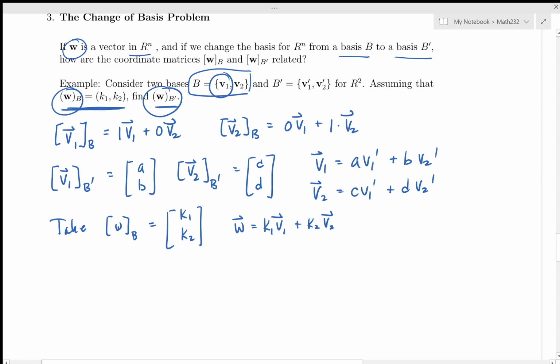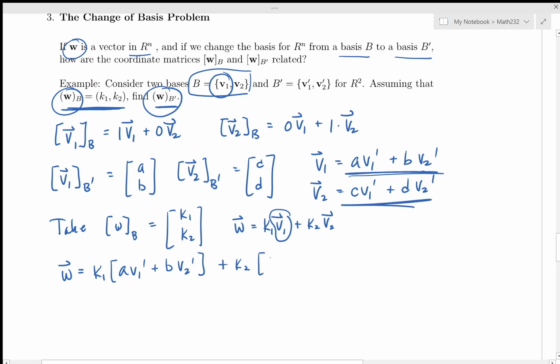So w is equal to k1 times v1, but v1 is right here: a v1 prime plus b v2 prime. And then k2 times v2, and v2 is right here: c v1 prime plus d v2 prime.